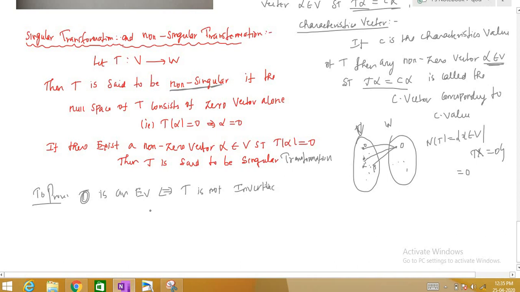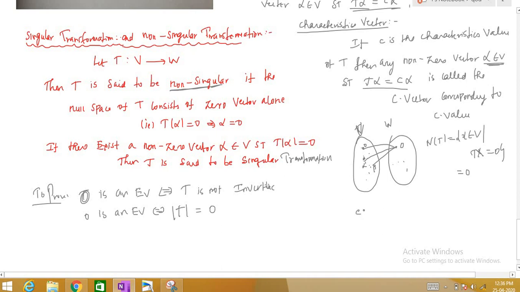T is not invertible means the inverse does not exist, and the inverse does not exist means the determinant has to be equal to 0. So if the determinant is 0, then surely 0 is an eigenvalue. 0 will be one of the eigenvalues of T.